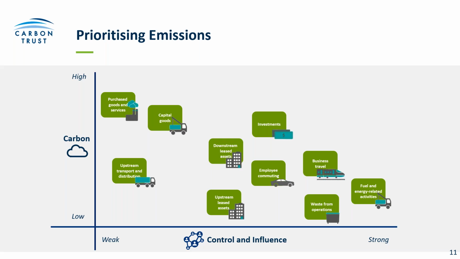In this example, you can see that the purchased goods and services, capital goods, are high impact sources of emissions, but difficult to influence. Whereas employee commuting, business travel, waste, upstream energy, are more easily influenced, but had a lower carbon impact. Actually, investments is an area that potentially has good potential, as it has a high carbon impact potentially and a relatively higher level of influence, at least in this example. So conducting an exercise like this can help to crystallize things somewhat.